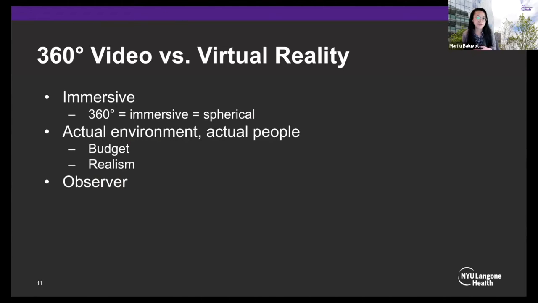Another difference is that with 360-degree videos, you as the viewer are an observer in that experience, with limited interactions when compared to other VR experiences, but it all depends on what hosting platform your experience is showcased in and if you're able to design hotspots or quizzes or flashcards within your immersive experience.